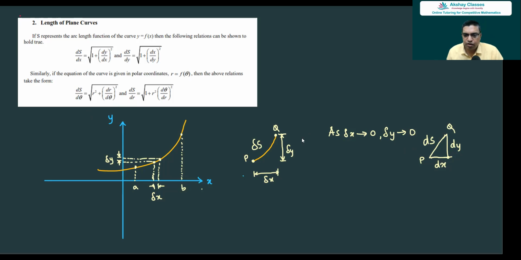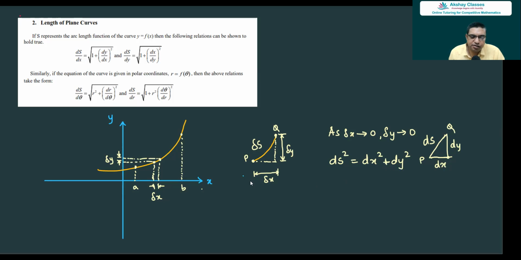So now what do we get? We are approximating it, because as these deltas tend to 0, the Pythagoras theorem holds: ds square is equal to dx square plus dy square.